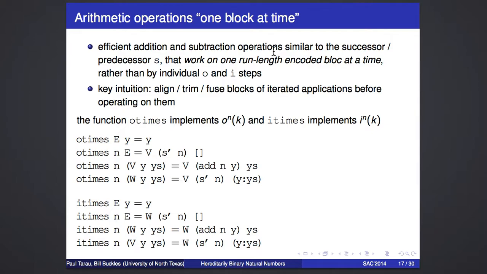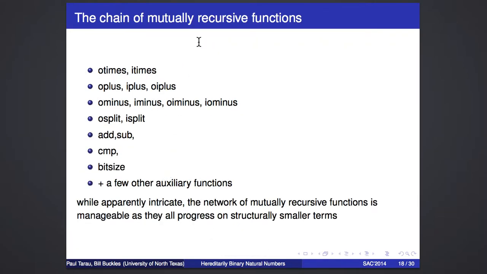And in this case, we start by implementing in Haskell the O and I block operations, using those operations. And we can see here that we use an add operation that we'll define later. So we end up with a chain of mutually recursive functions, actually, O times, I times, then various helper functions, addition, subtraction, comparison, and bit size.